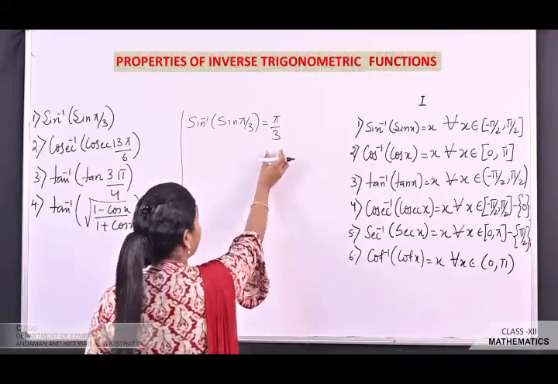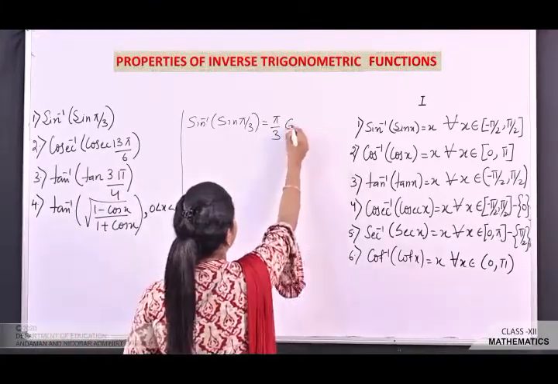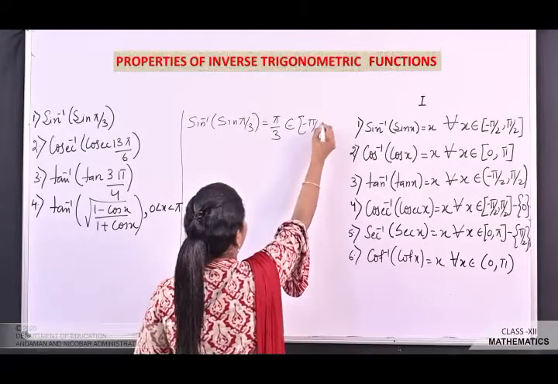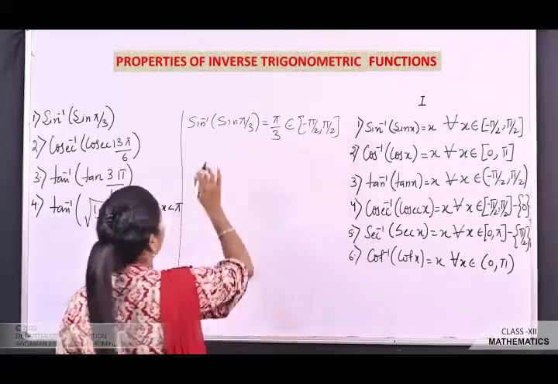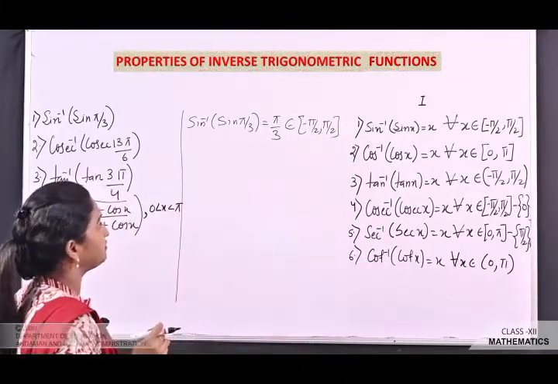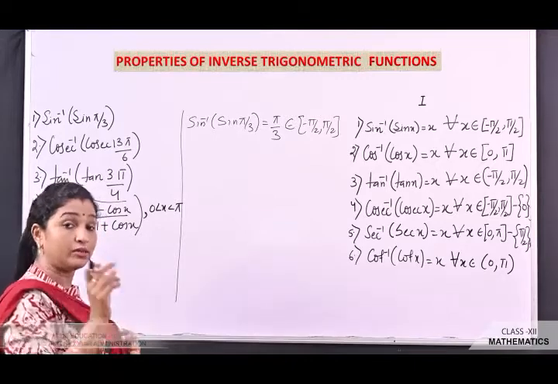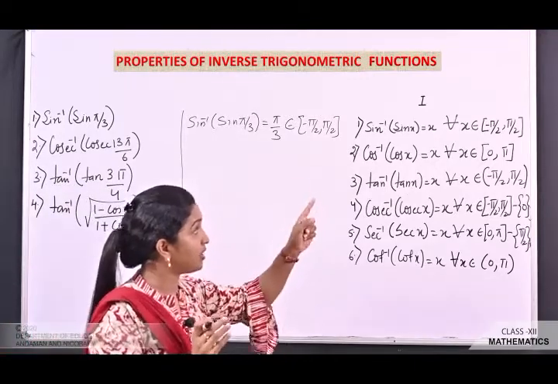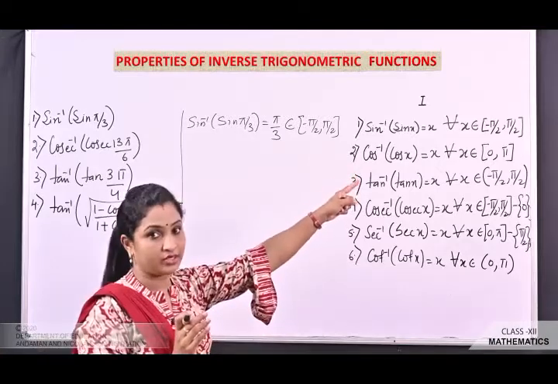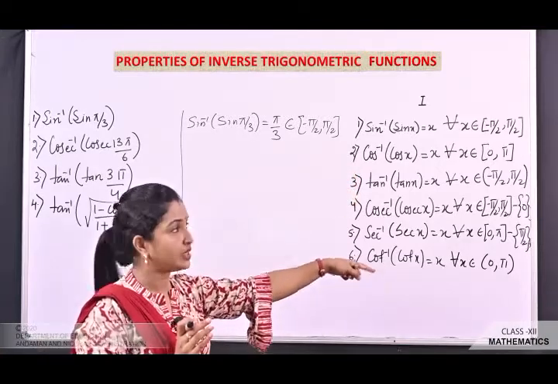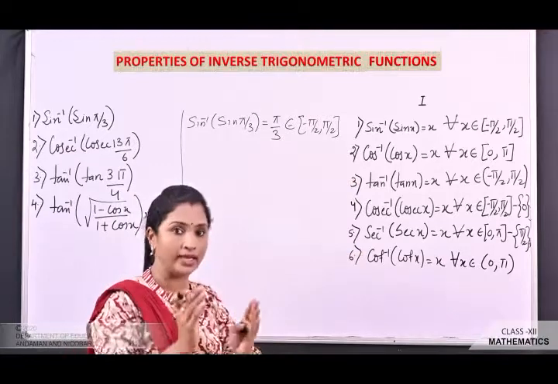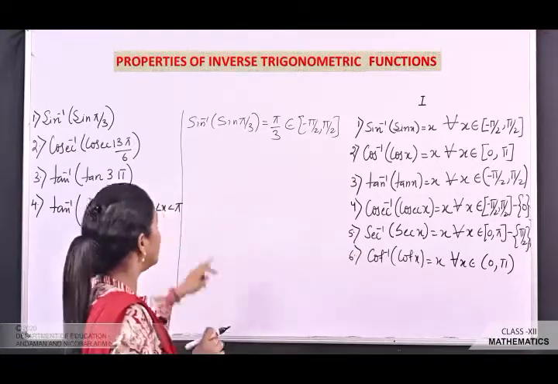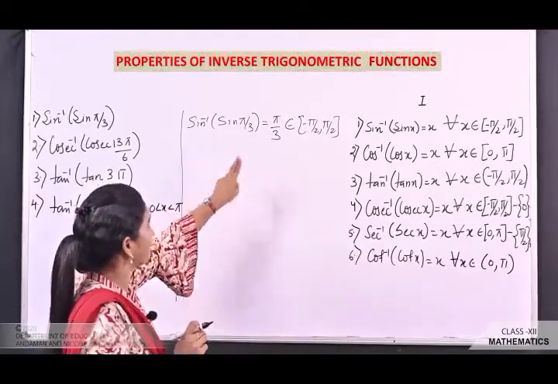Because pi by 3 lies between what? Minus pi by 2 to plus pi by 2. So the answer for sine inverse sine pi by 3 is pi by 3. The most important factor is the value should lie within the given conditions. So the answer for the first question is pi by 3.